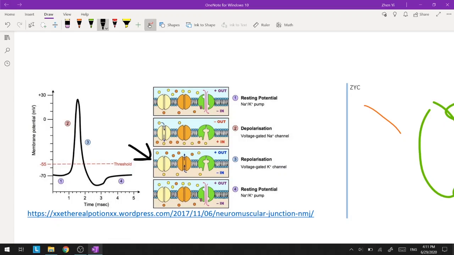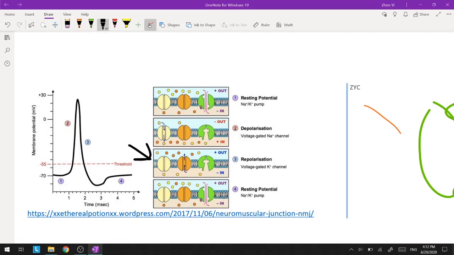where the sodium voltage-gated channel will take an inactive form in response to the higher membrane potential reached.